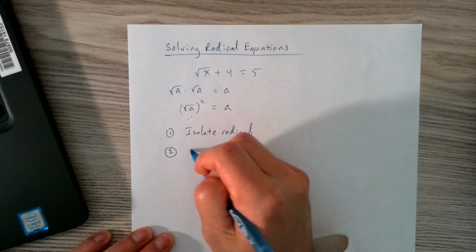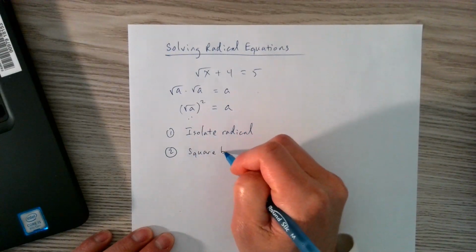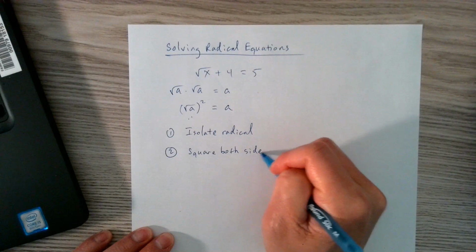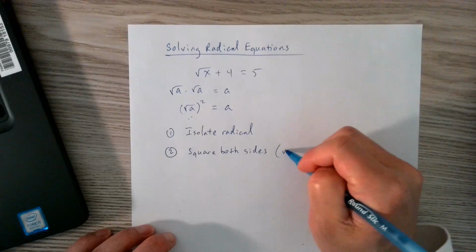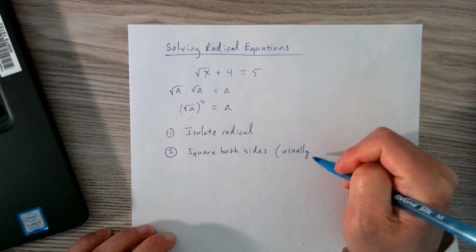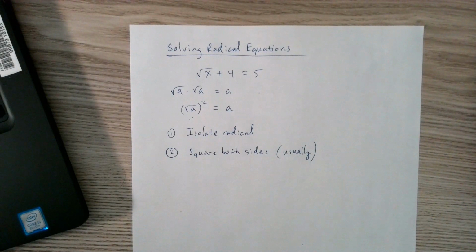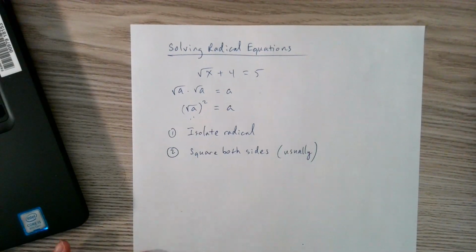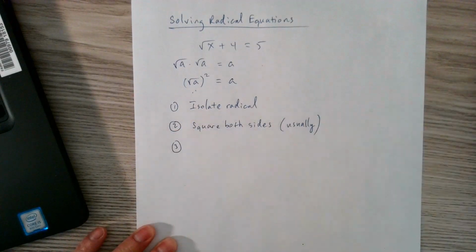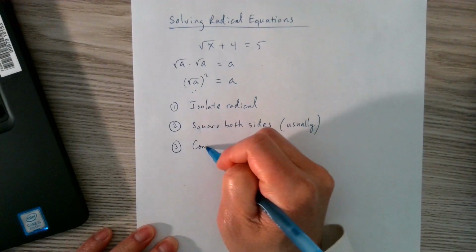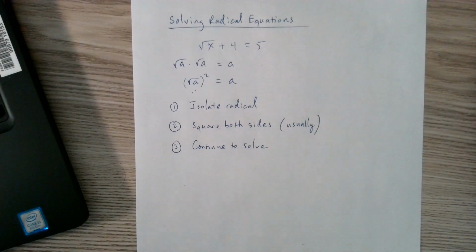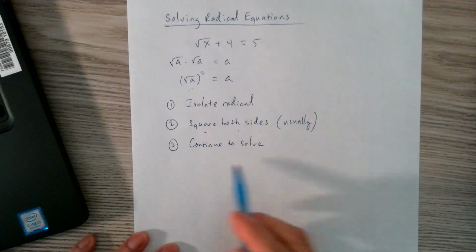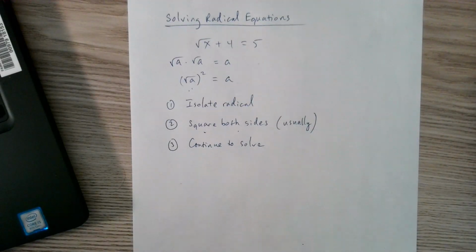And once you do that, you square both sides of the equation, usually. And then after you square both sides, you just continue to solve as you would normally, because after you square both sides, there's no more rad to worry about, so then the equation will look like a more normal equation that you're used to.